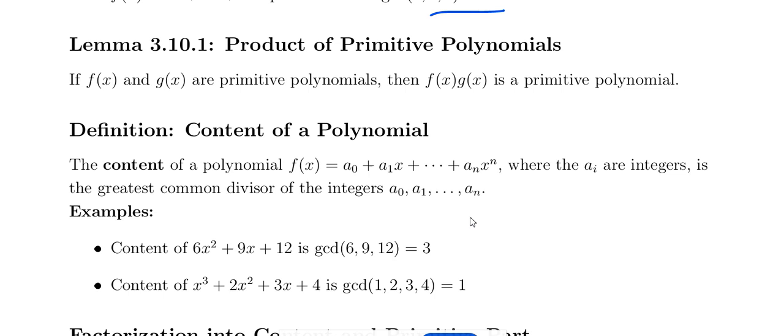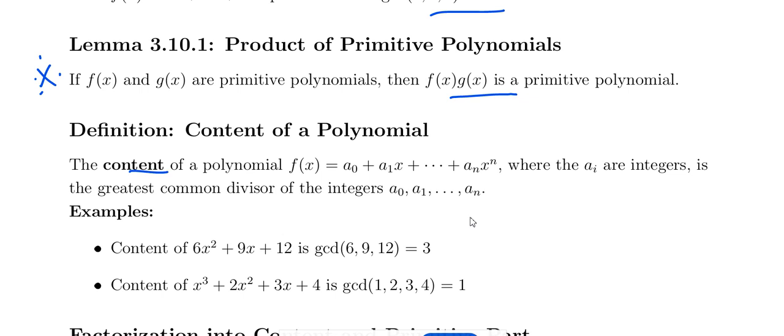அதே மாதிரி the product of primitive polynomials is also a primitive polynomial. And the content of the polynomial, what do you mean by the content of the polynomial? Here also the coefficients are integers.